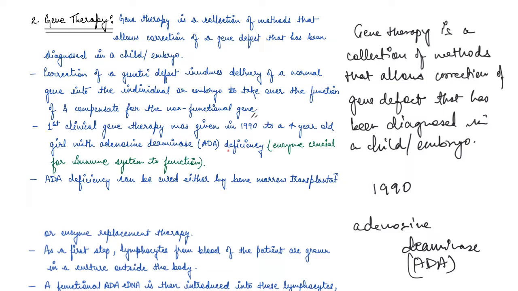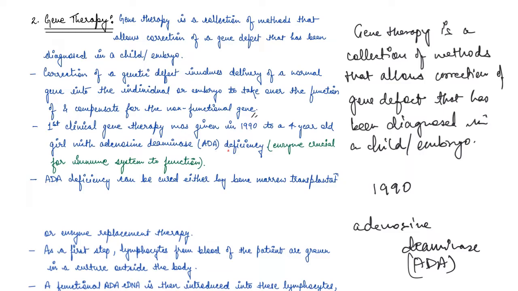But if we isolate the gene from marrow cells, which produces ADA, and introduce it into the cells at early embryonic stages, it can be a permanent cure as well. So if this ADA disease is detected during the embryonic stage itself, we can isolate the gene from marrow cells, because during the embryo stage it will start producing lymphocytes, and introduce ADA at that time, which will permanently cure the disease.